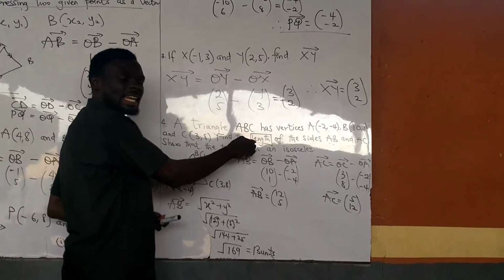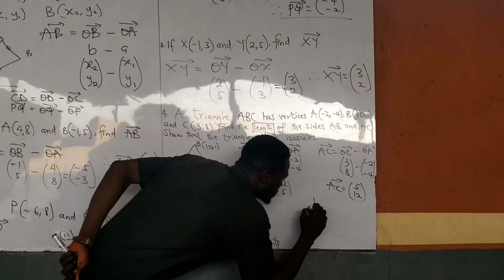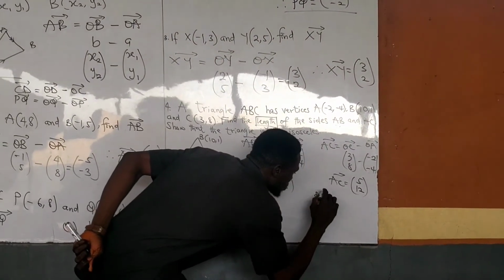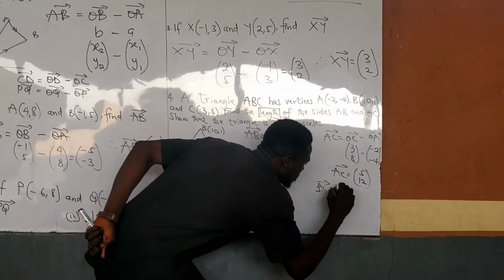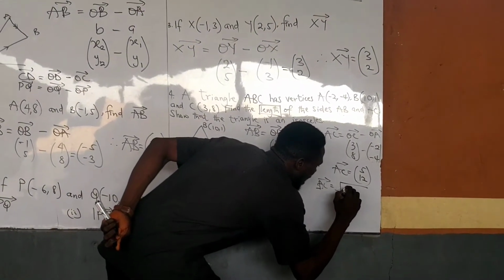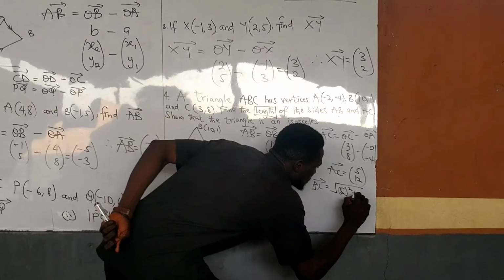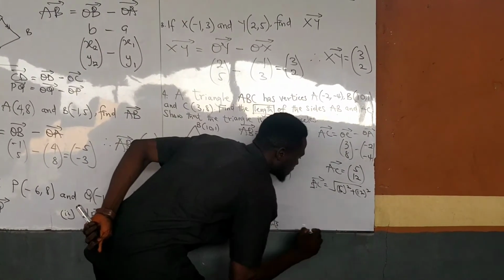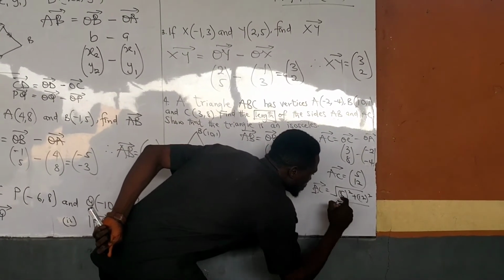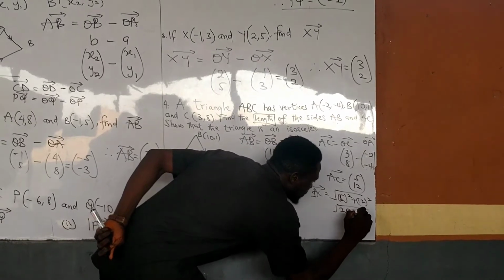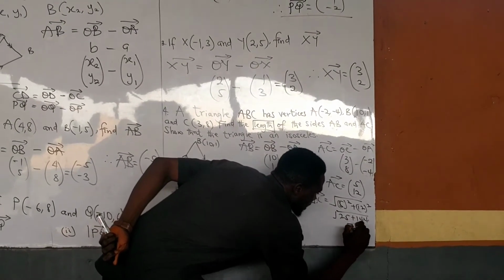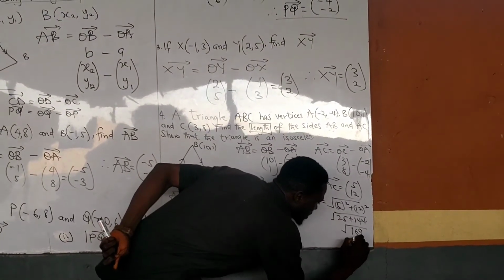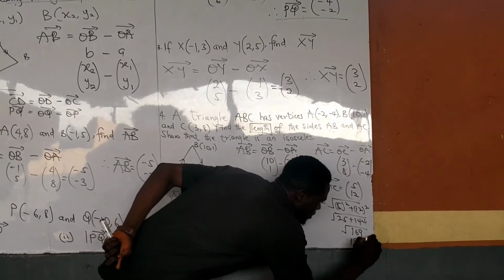Since we have to find the length, we also find the length of vector AC, which is the square root of 5 squared plus 12 squared. 5 squared is 25, plus 144, gives you 169, which is 13 units.